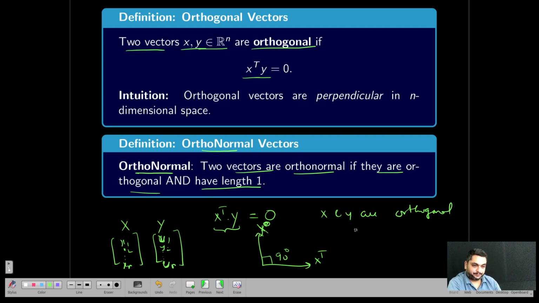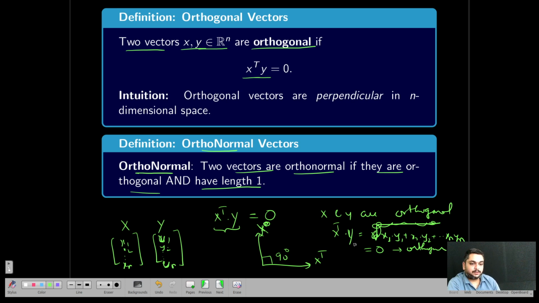Here, in this example, x transpose into y is x1 into y1 plus x2 y2 and so on up to xn yn, equal to 0. Then it is orthogonal.